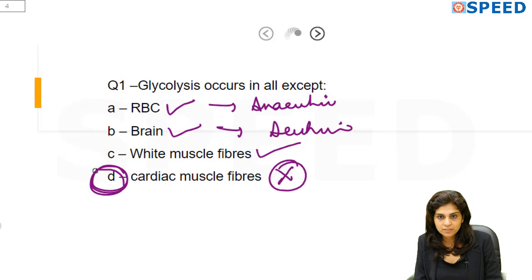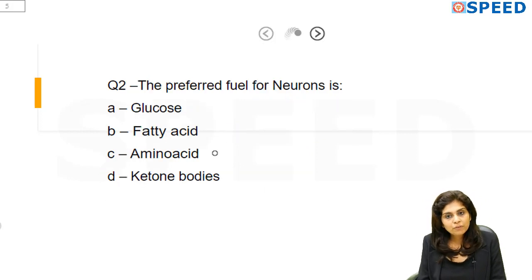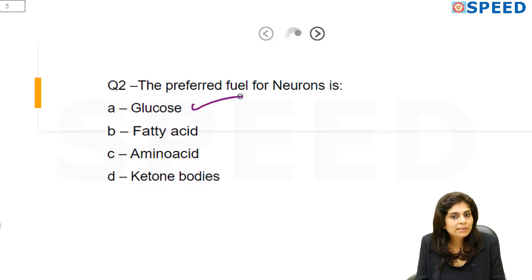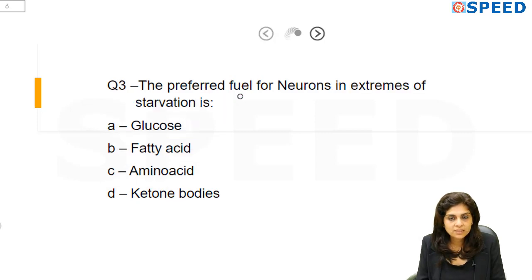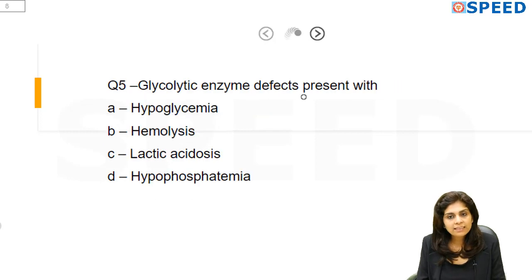Cardiac muscle fibers. The preferred fuel for neurons is, we know for sure, glucose, because fatty acids cannot cross the blood-brain barrier. Next question, the preferred fuel for neurons in extremes of starvation is, at any point of time, glucose.